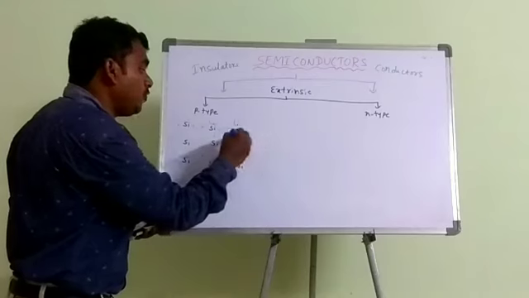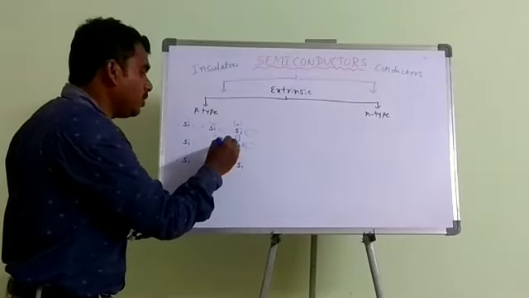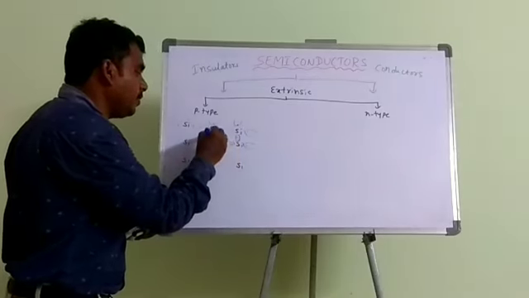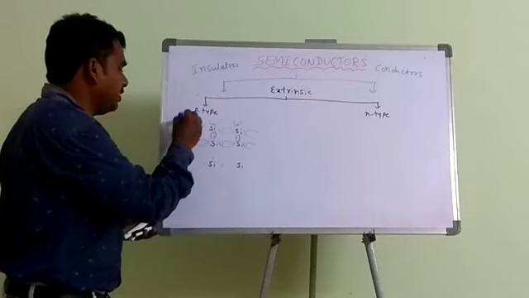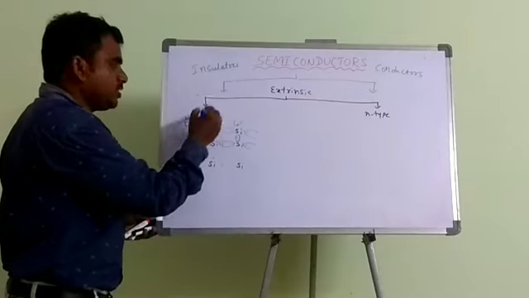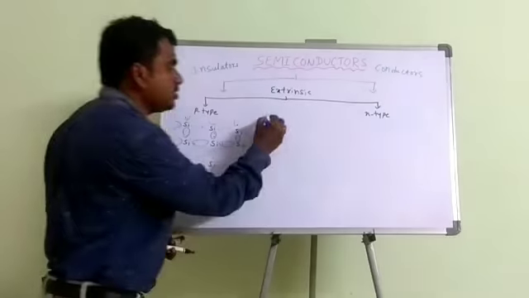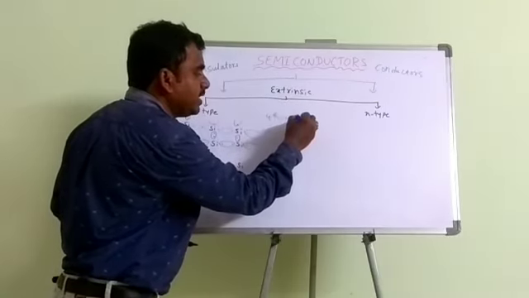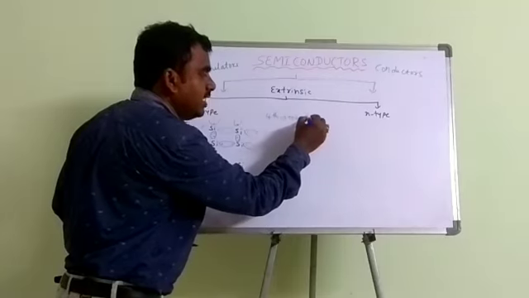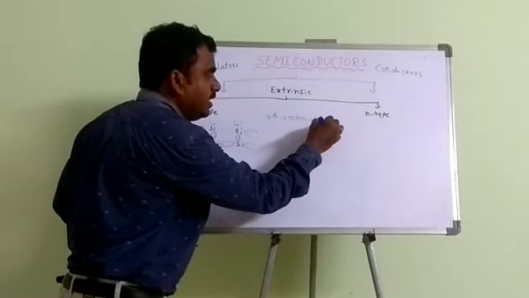Now, if you dope that material, doping means adding impurities or another type of material. A pure semiconductor belongs to the 4th group, meaning it has 4 valence electrons, tetravalent.